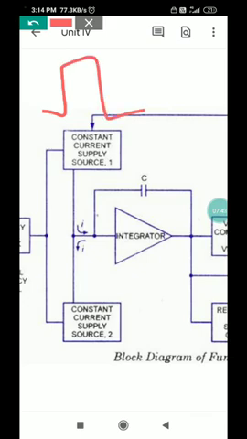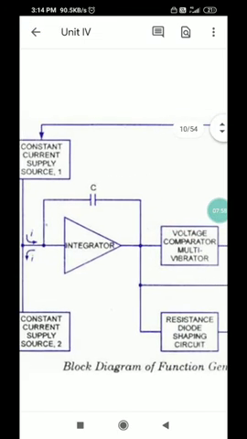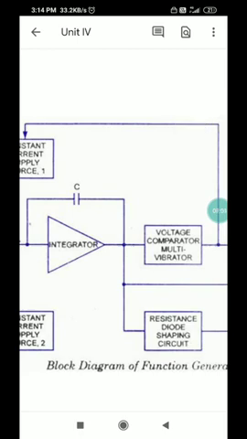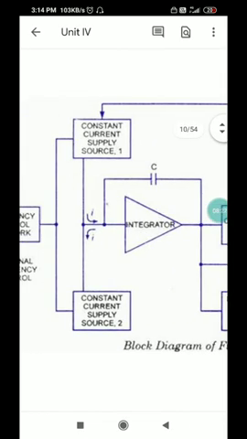Actually you got this waveform, but because of comparison you got a square wave or rectangular wave. So the output of integrator goes to the multivibrator. Multivibrator compares the instantaneous voltage on capacitor with the threshold voltage, and it will produce a square wave or rectangular wave. The output amplifier gives you sufficient strength. So here in output amplifier you can adjust the amplitude of the square wave, and this is how it produces a square wave or a rectangular wave.